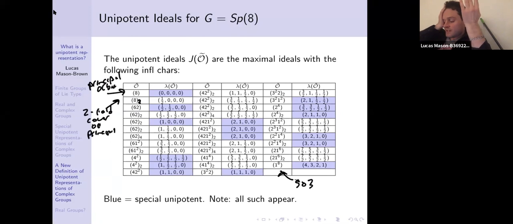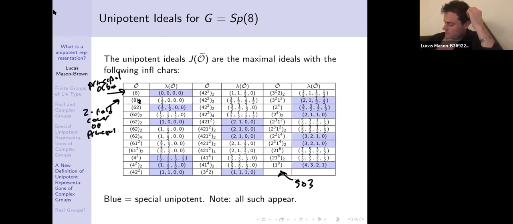Calculating these infinitesimal characters actually requires a huge amount of work and geometry, which I won't get into in this particular talk. I just want to highlight a few things about these infinitesimal characters. First of all, the special unipotent ideals appear on this list, and they're all highlighted in blue, but lots of others as well.